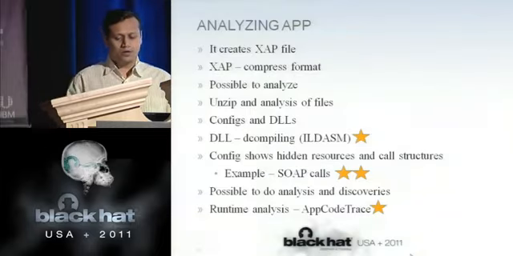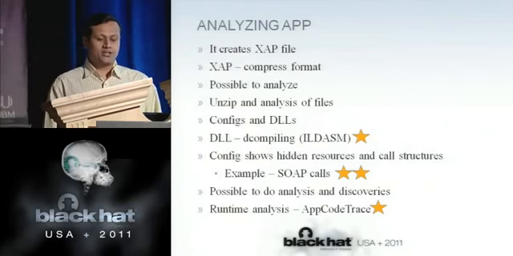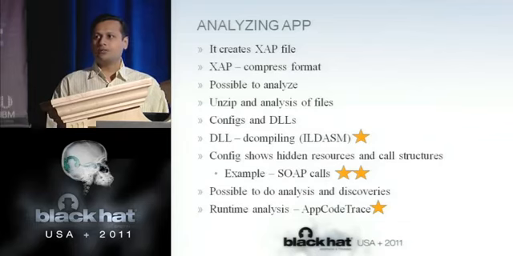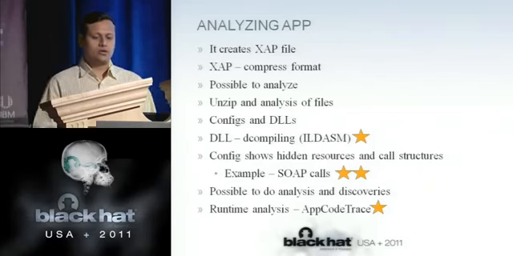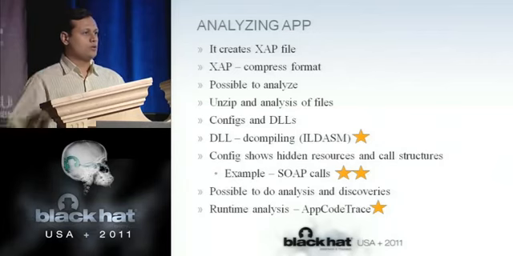So this is how you can do a runtime analysis for Silverlight or .NET using the patching. So we go ahead and patch the actual binary and then try to call the binary, and the binary will actually show us all the different calls.